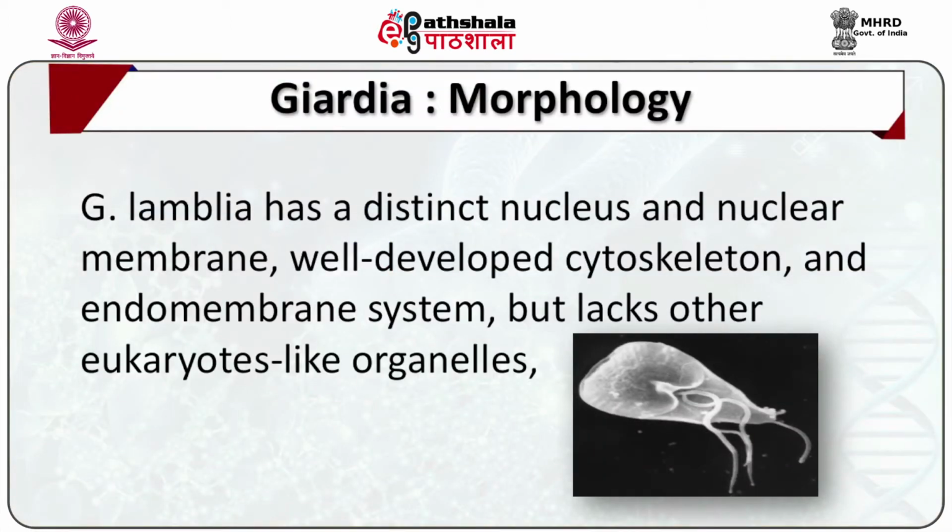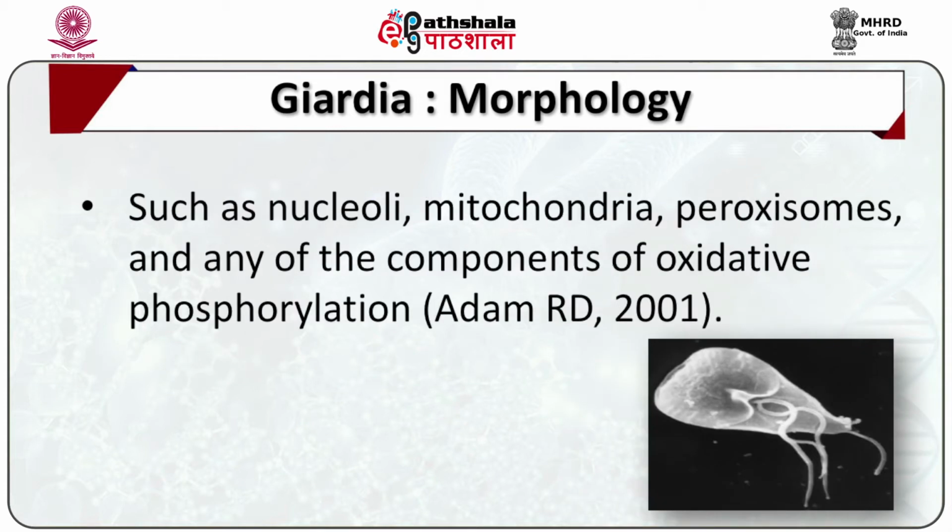Giardia lamblia has a distinct nucleus and nuclear membrane, a well-developed cytoskeleton and endomembrane system, but it lacks other eukaryote-like organelles such as nucleoli, mitochondria, peroxisomes and any component of oxidative phosphorylation.